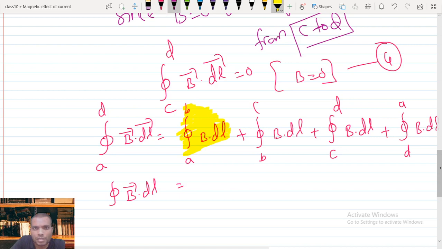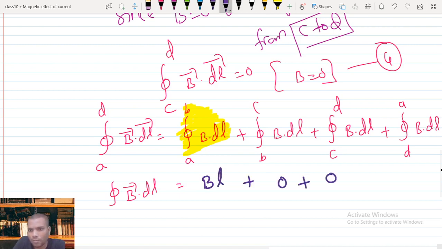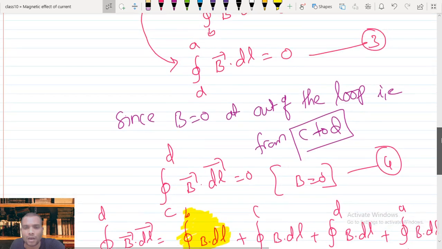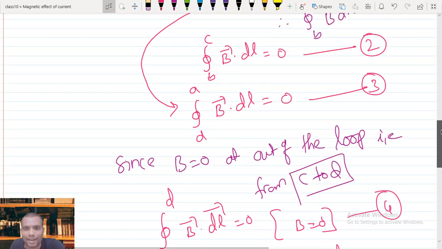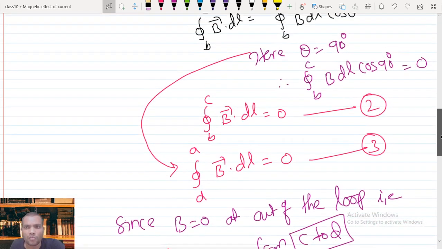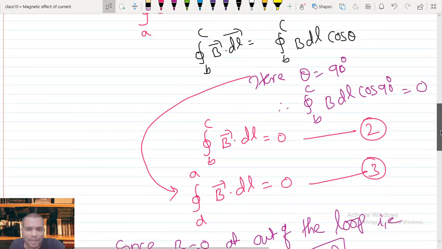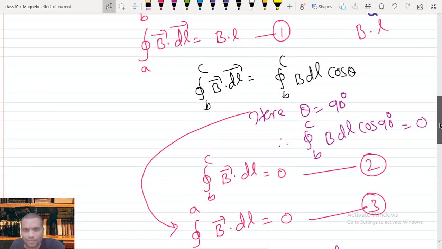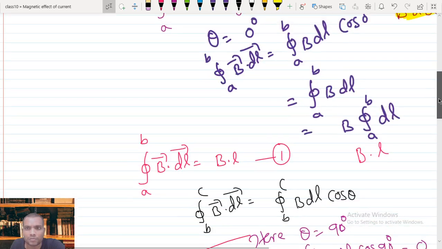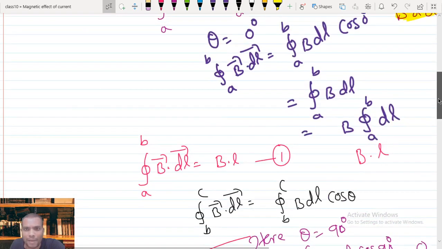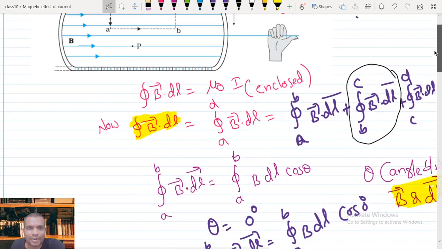So don't be confused that I have changed that. This I can write as B times l, and the rest of the three components of magnetic field contribution go to 0. So you understand from the equations how we fragmented the Amperian loop, how we found the elemental length and magnetic field direction, and how these values become 0, because of the angle between the magnetic field vector and the elemental length vector.